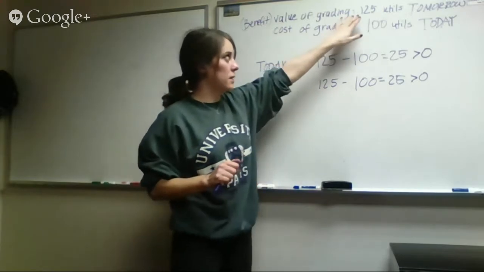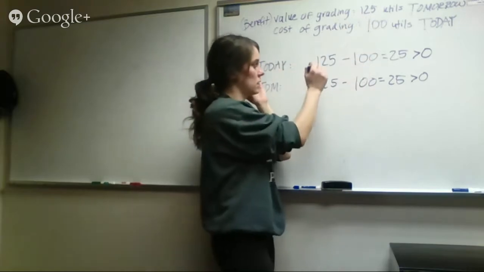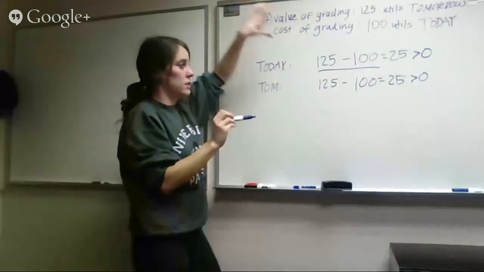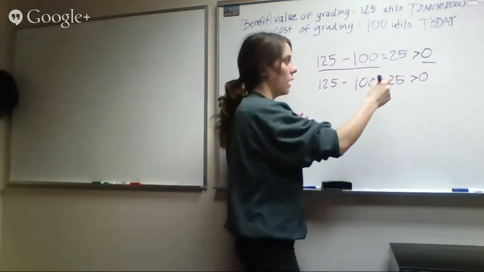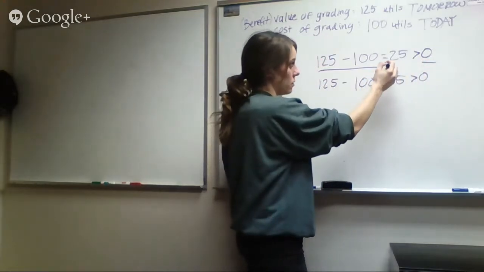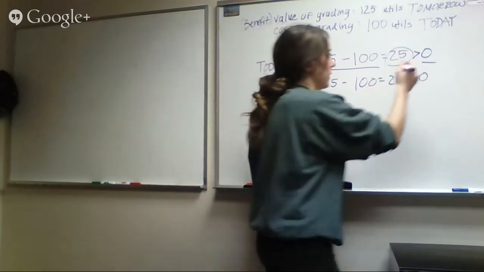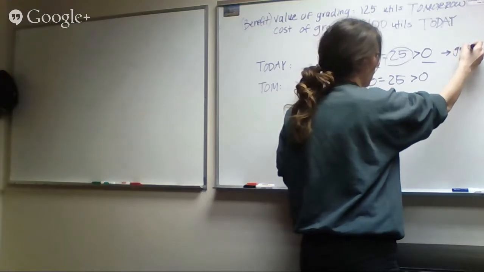I think I figured it out. He doesn't get this equation of utility because he hasn't done either of these things. And so he would end up with 0 utility for the day. So this is if he doesn't act. But if he does act, he gets 25 utils. And so that would result in a decision for him to want to grade the TLEs today.